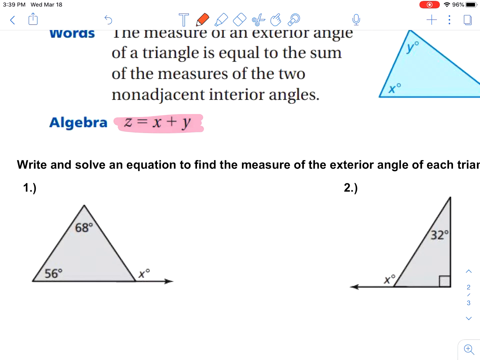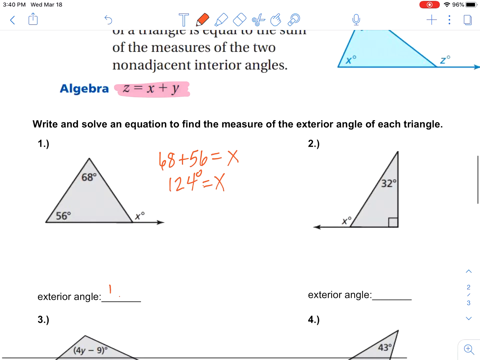So the two interior angles are 68 and 56. Our exterior angle is equal to x. So we're just going to put 68 plus 56. Get 124 equals x. And in this case, that's your answer. So your exterior angle is 124 degrees.